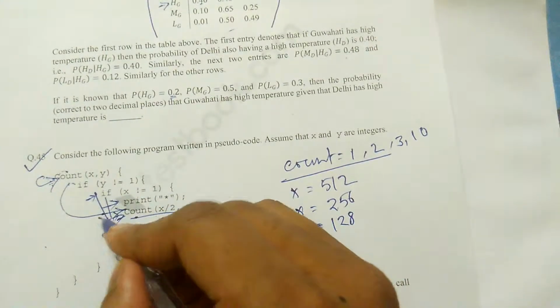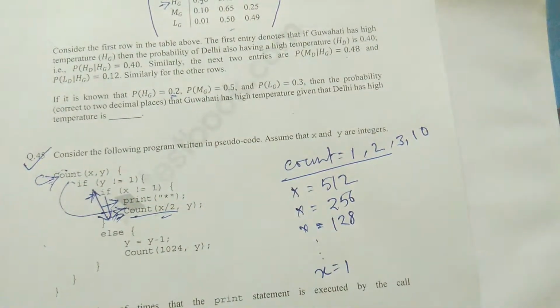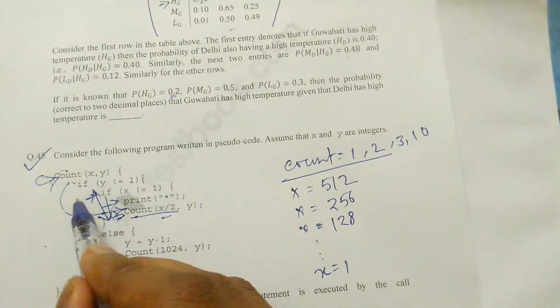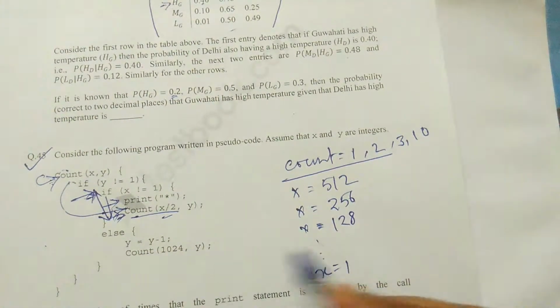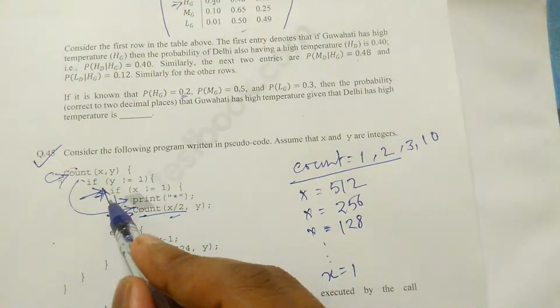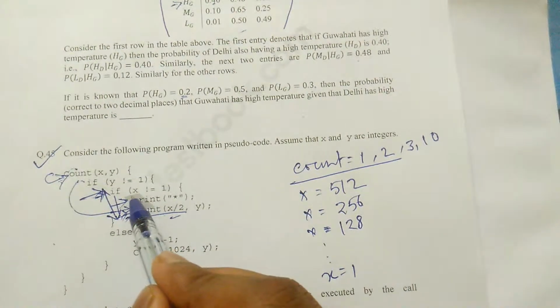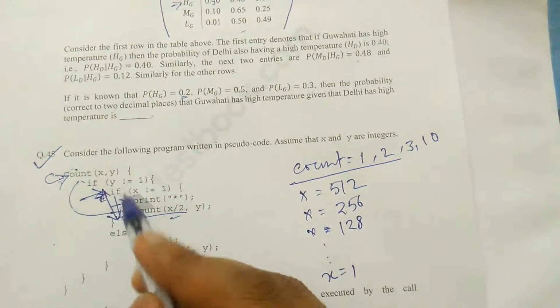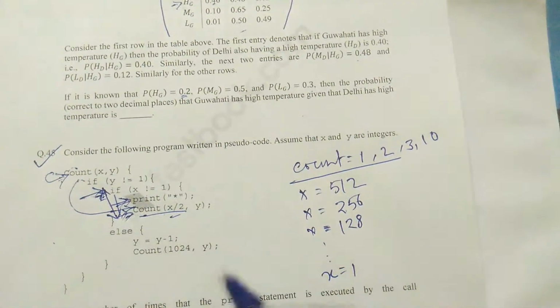So this statement will be called 10 times. After that, on the 10th time, when count equal to 10, x will be 1, so it will break the loop and go to the print statement here.